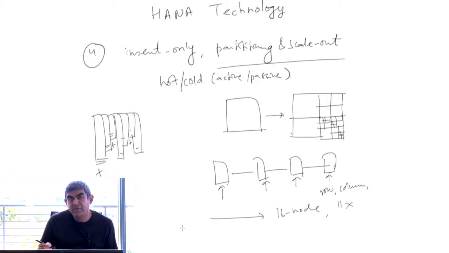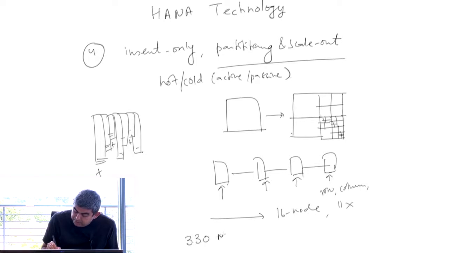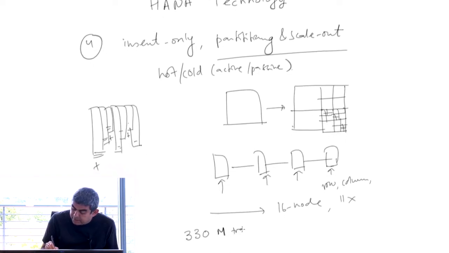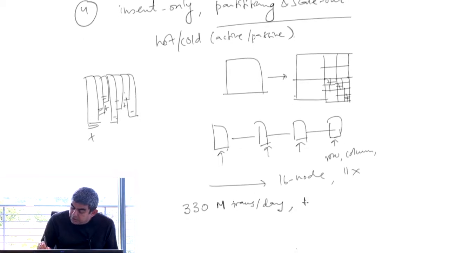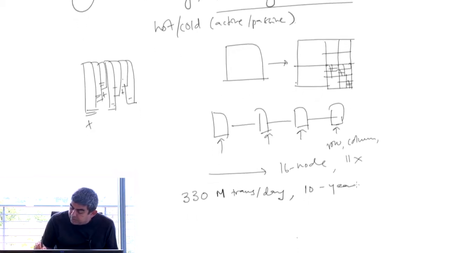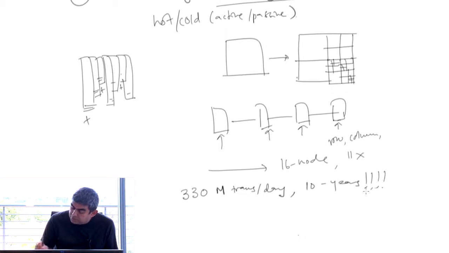And some of the more extreme examples that we have achieved: we once took anonymized retail data from one of our super large retail customers, one of the biggest companies in the world. They were doing something like 330 million transactions per day, and we took 10 years' worth of data. Wow. So how much data is that? Approximately 1,200 billion records.